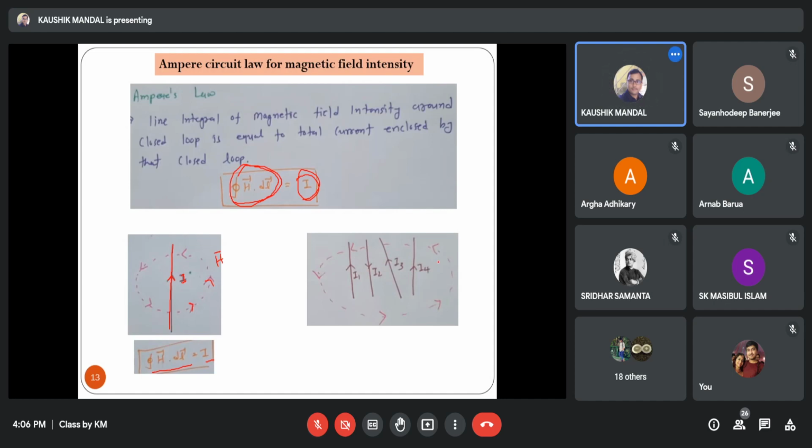Now, surrounding all these conductors, we are considering a closed loop, and we are considering that the direction of magnetic field intensity is anti-clockwise. Then the question is, if you apply the Ampere circuit law for this particular scenario, what will be the line integral of magnetic field intensity? Can you tell me?